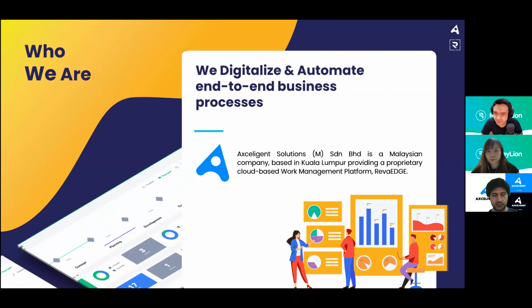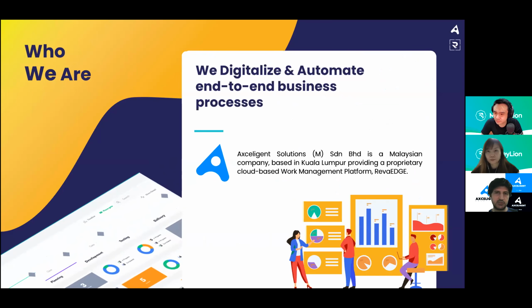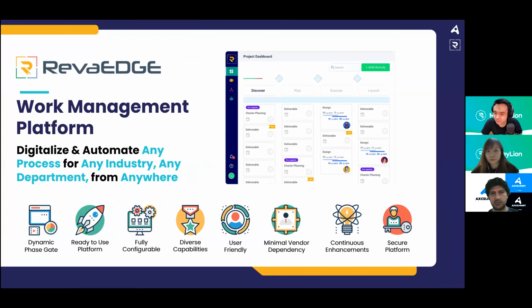In Axceligent, our flagship product is called RoboEdge. It is a product to digitalize and automate end-to-end business processes. We let people do digitalization and process improvement. Through that, we face a lot of companies, and our application should be dynamic enough to cope with all those new requirements.